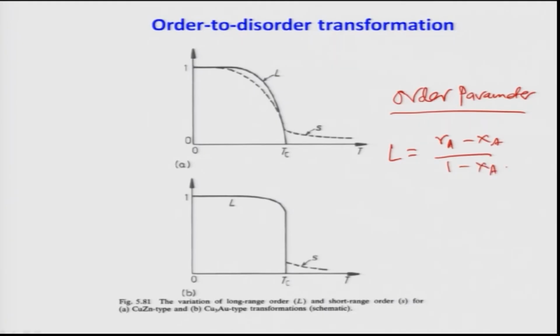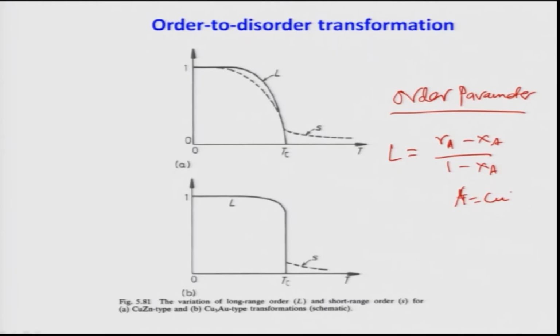Here X_A is the mole fraction of element A in the alloy, and R_A is the fraction of sites which are occupied by the A type atoms. Suppose there are 100 sites, and let us consider A as a gold atom. In Cu3Au structures, gold atoms are basically sitting on the corner positions.